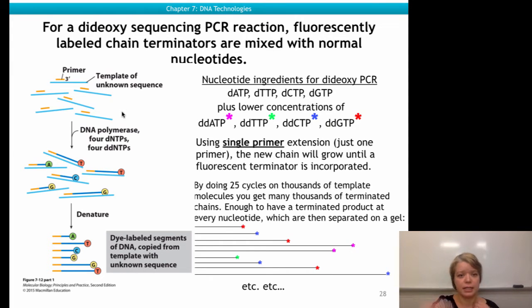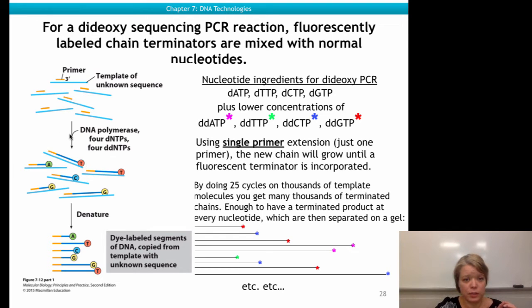Then a DNA polymerase, Taq or another, is added, as well as four different kinds of dNTPs in high concentrations, plus four different kinds of dideoxy NTPs that will terminate the reaction in lower concentration, because you don't want them to incorporate right away. You just want a few of them, and you want the polymerase to be primarily able to extend the chain.